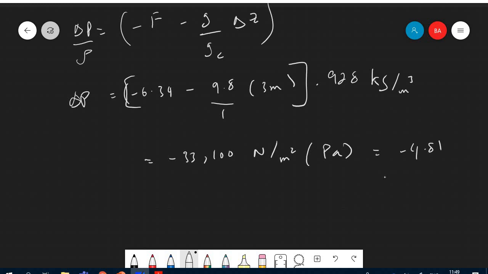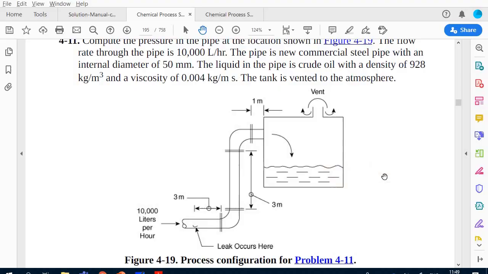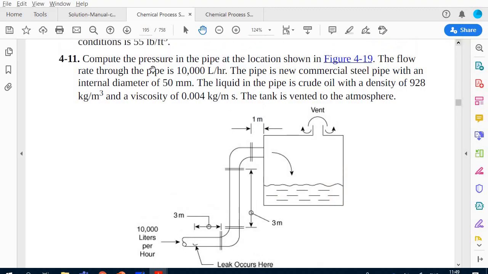If you do your calculation, this will be minus 33,100 newtons per meter square, which is Pascal, which is equal to minus 4.81 psi. So that's the pressure drop, the delta P.